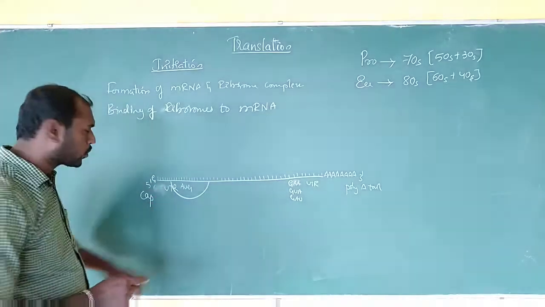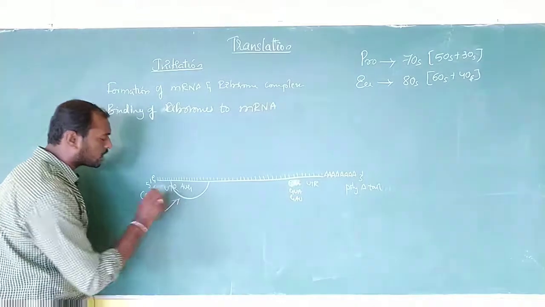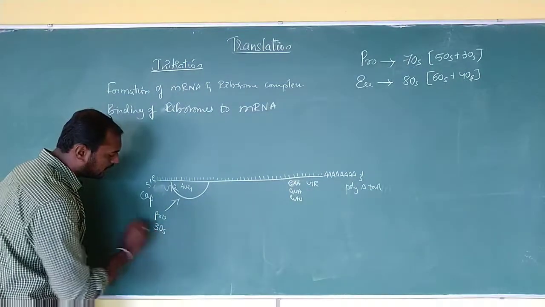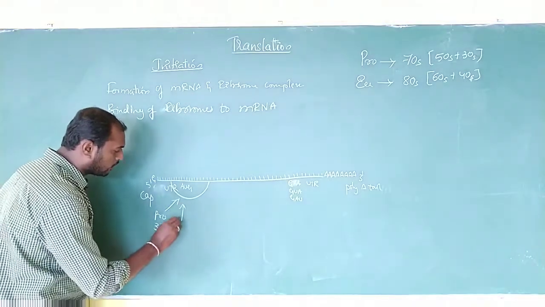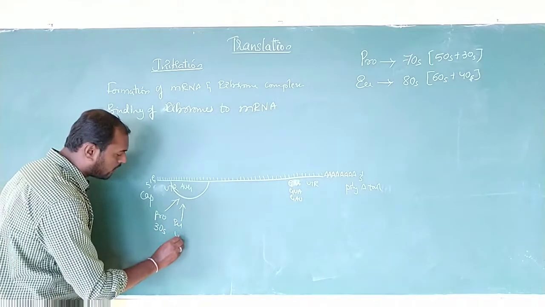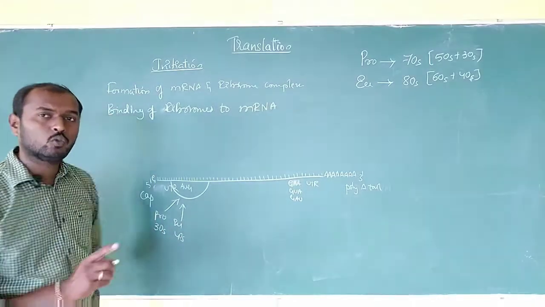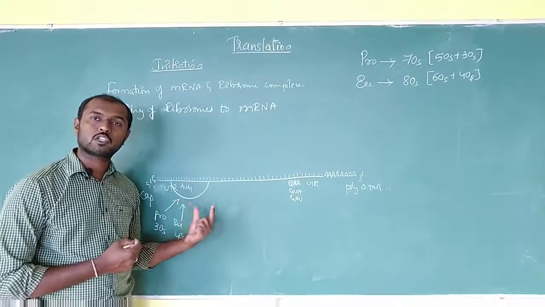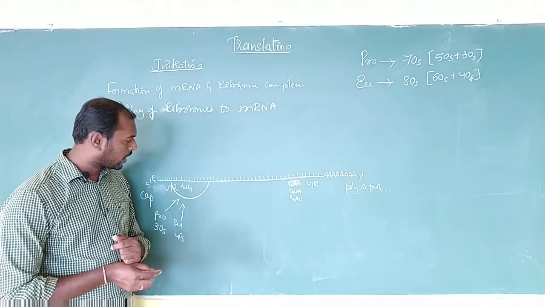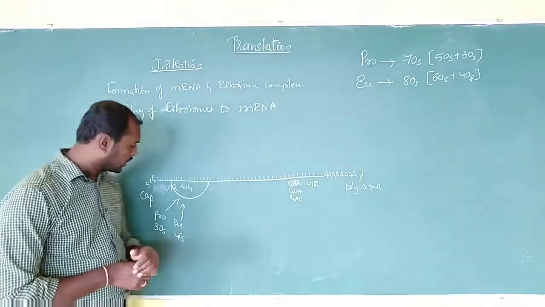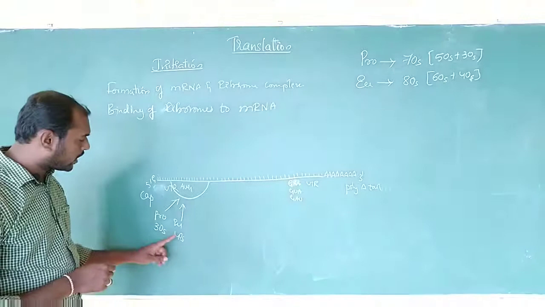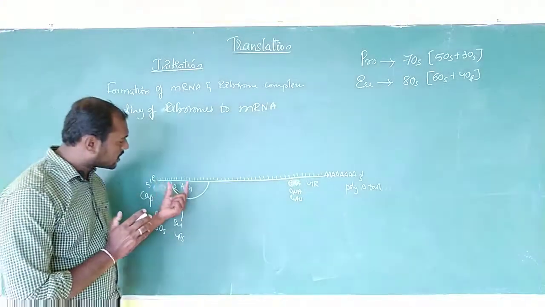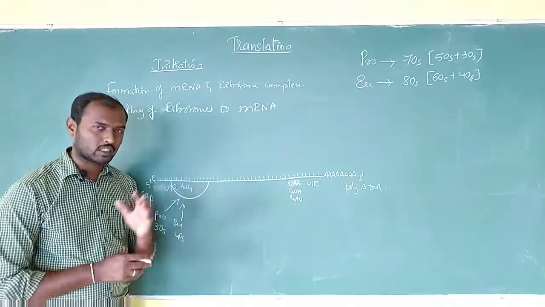This smaller subunit in prokaryotes is 30S, in eukaryotes it is 40S. Got it? So that is one difference we can note. That is the smaller subunit which binds during the initiation process of translation. Prokaryotic will be 30S and eukaryotic will be 40S. So where will they bind? Where there is a start codon, there it binds.